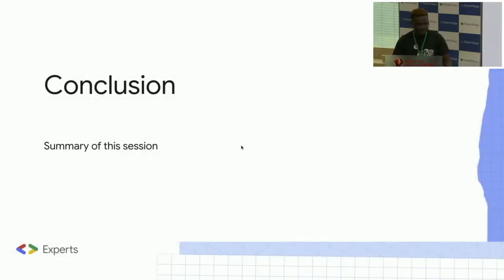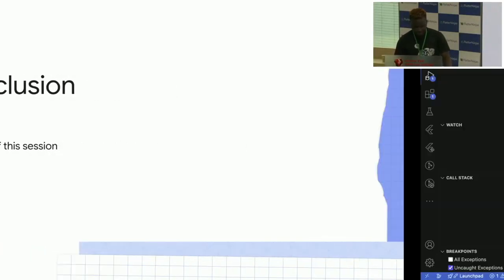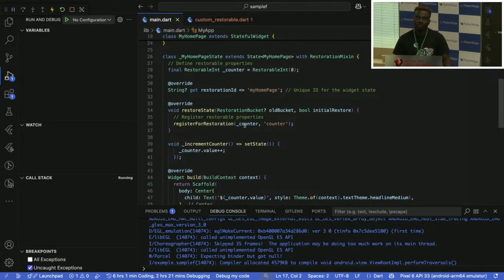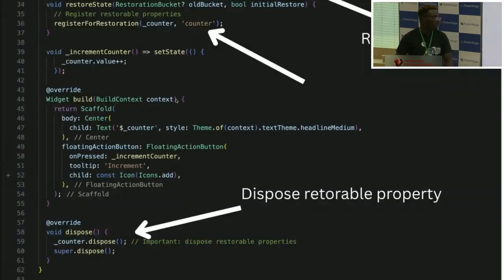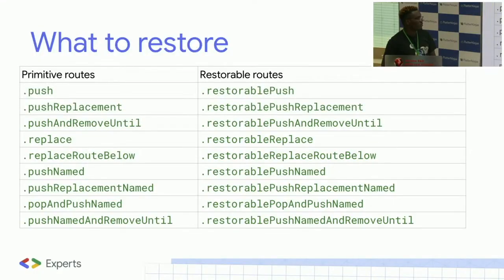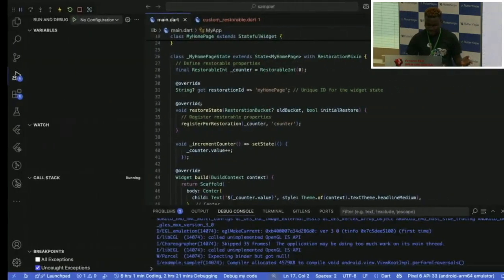So, a quick recap or summary. There are basically two things you want to always restore: navigation and primitive data. For navigation, we could use the restorable variants of the primitive navigation methods.